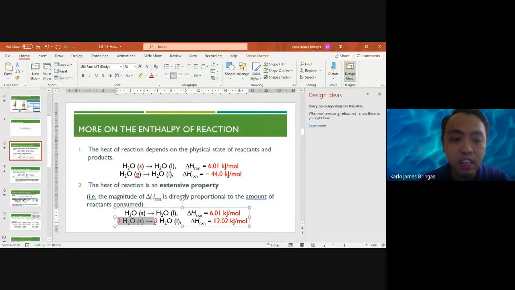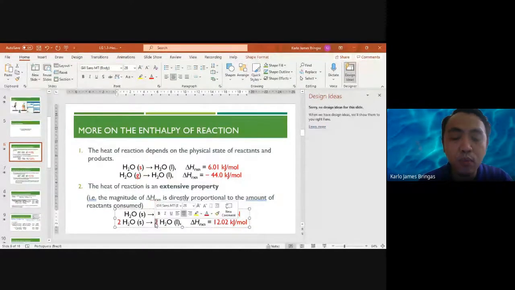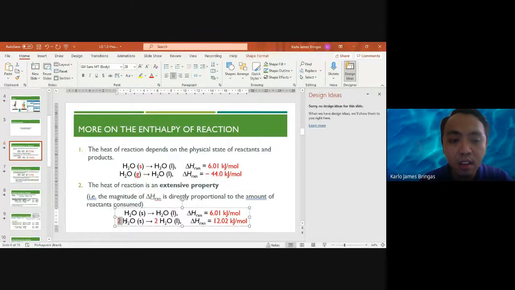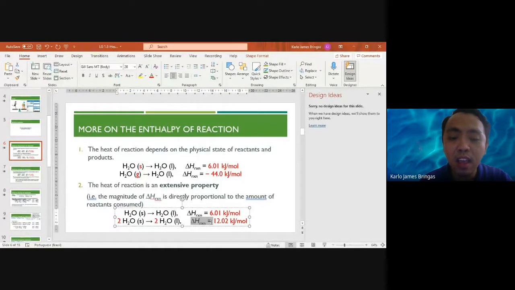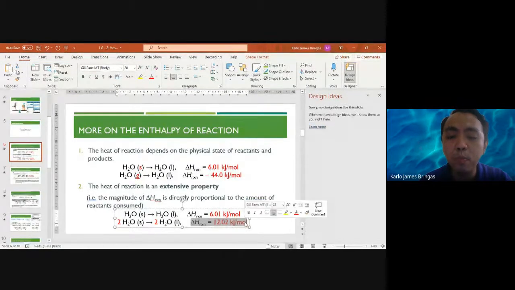It's understood that you're not really changing anything about the equation, since what you've done on the left side, you've done with the right side. So by multiplying both sides of the equation by 2, we notice that our delta H reaction also doubles. From 6.01 kilojoules per mole, it is now 12.02 kilojoules per mole.